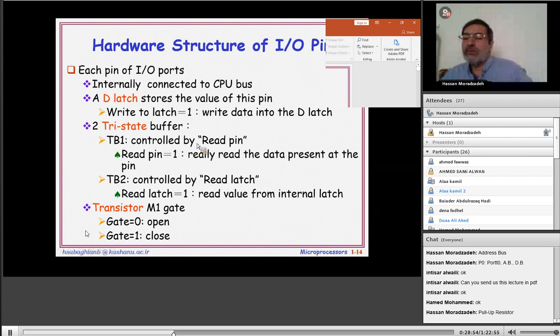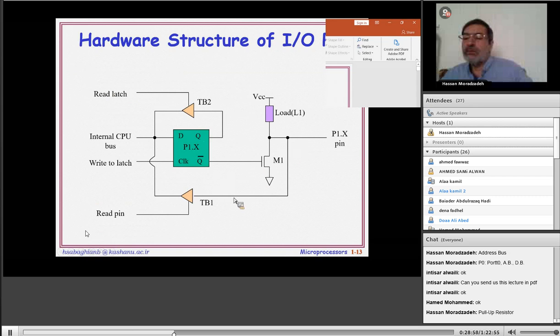When here is 0, this is connected to ground. Here is 0, the MOSFET is turned off, and here is 1, okay. This structure is constructed for isolating between this pin and this internal bus. That's right.